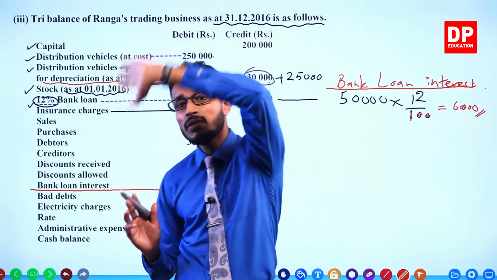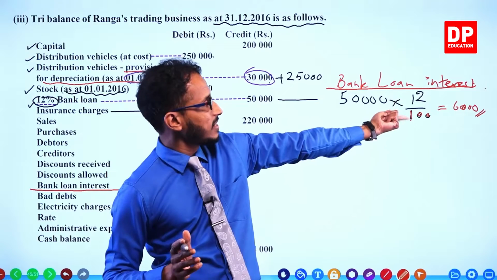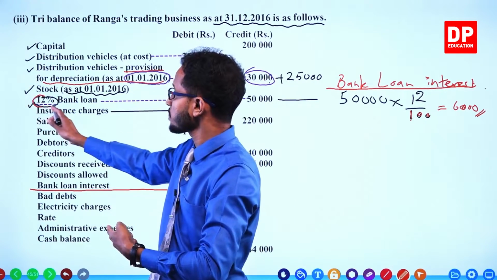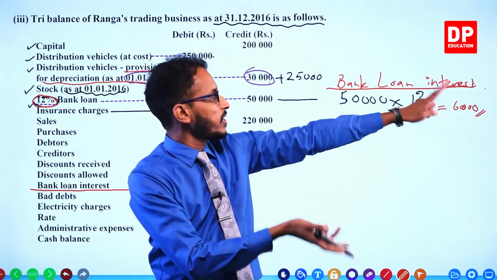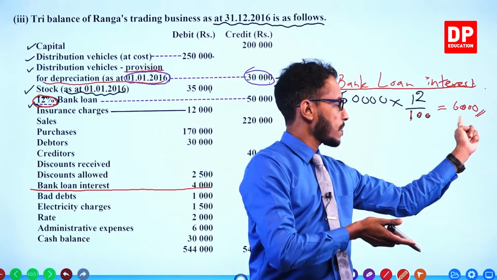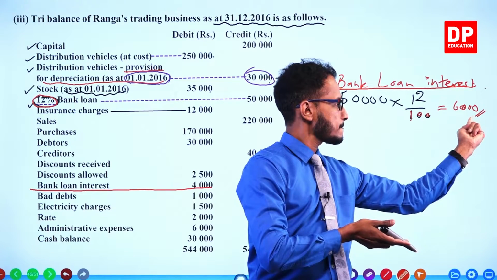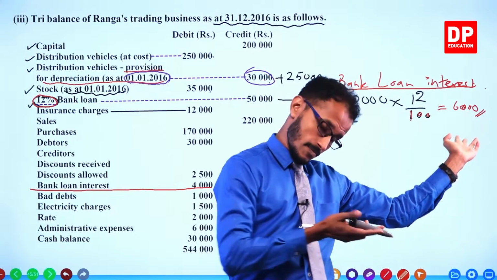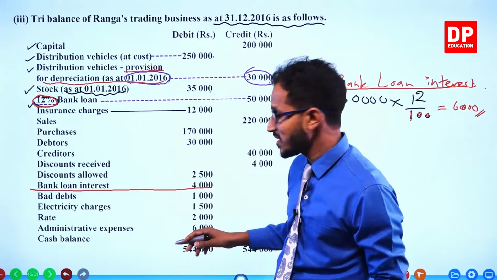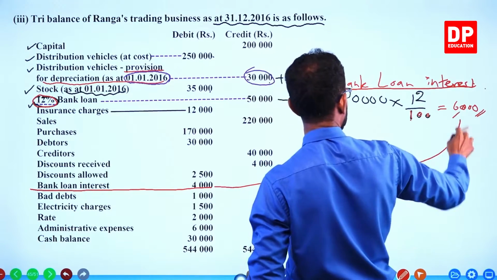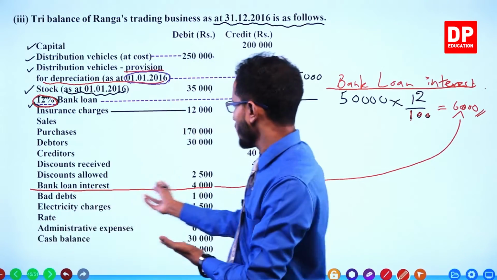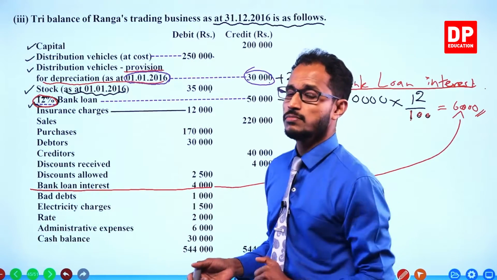The bank loan says it has an interest rate of 12%. And when we calculate 12%, we get the bank loan interest 6,000. But the given bank loan interest for the period is 4,000. What is the matter here? The entire 6,000 is not paid, only 4,000 is paid, which means 2,000 is accrued.